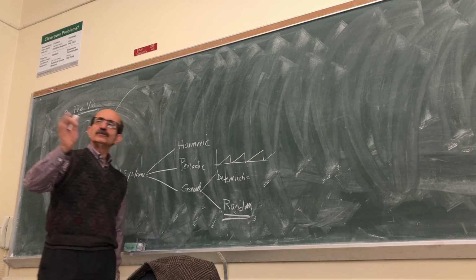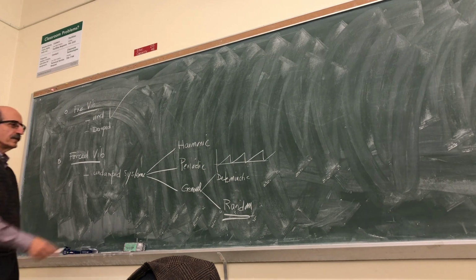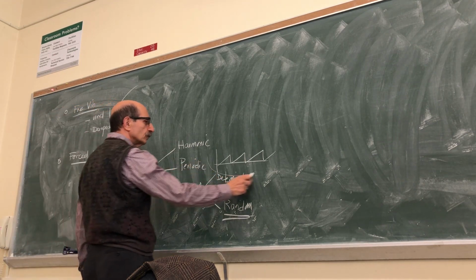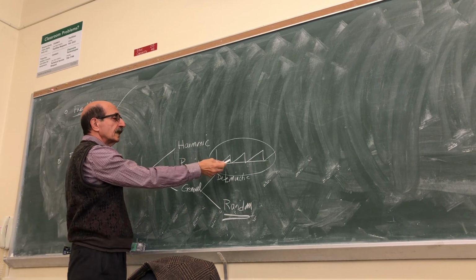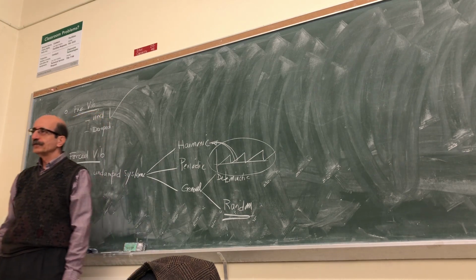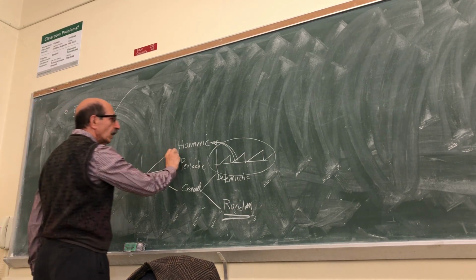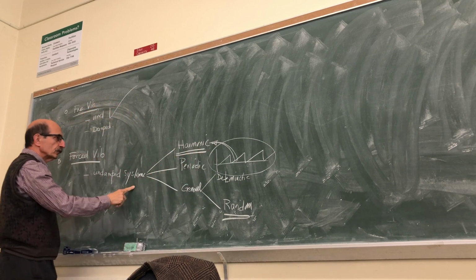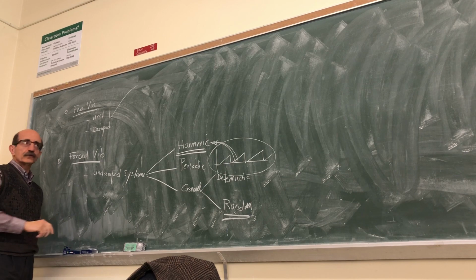Thanks to another Frenchman, these French people made a lot of contributions, I tell you, Mr. Fourier, we know that a periodic function can be converted to a harmonic function. But we'll see all of these later. So for the time being, we're going to focus on harmonic excitation of undamped systems.